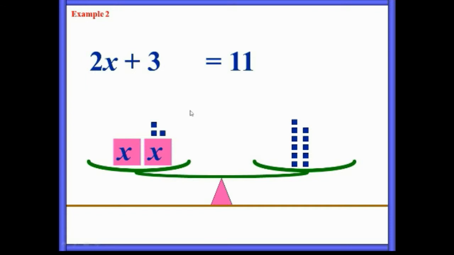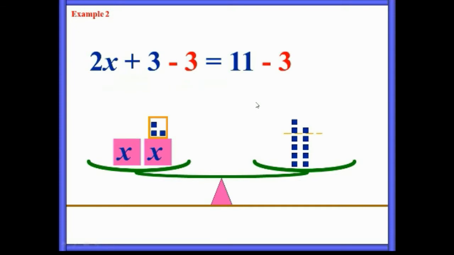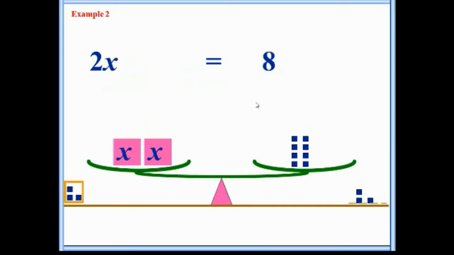This is plus 3. I'm going to get rid of plus 3 from that side. So I have to subtract 3 from that side. When I subtract 3 from that side, I must subtract 3 from the other side too to make it a balance. So let's do it. So this 3 is gone and 11 minus 3 equals 8.